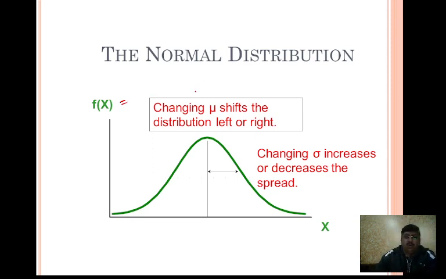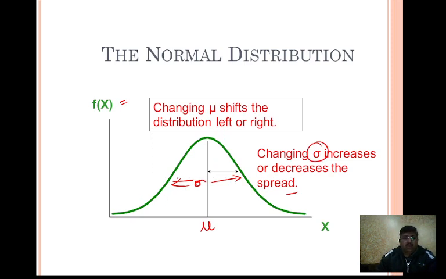If you trace that normal distribution function, the general equation f(x), you will find a curve like this, where mu is in the middle, and the spread is always defined with the help of sigma. Changing sigma increases or decreases the spread, and changing mu shifts the distribution left or right.